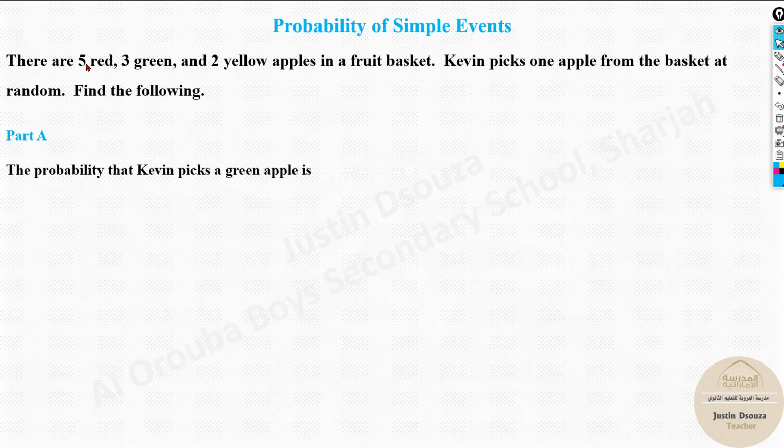First, red are 5, green are 3 and yellow is 2. So what do you want now? The desired outcome. The desired number of apples is green, that is 3, divided by the total number of apples. Add them all up. 5 plus 3 plus 2, that is 8 plus 2 is 10. This would be your probability in fraction.